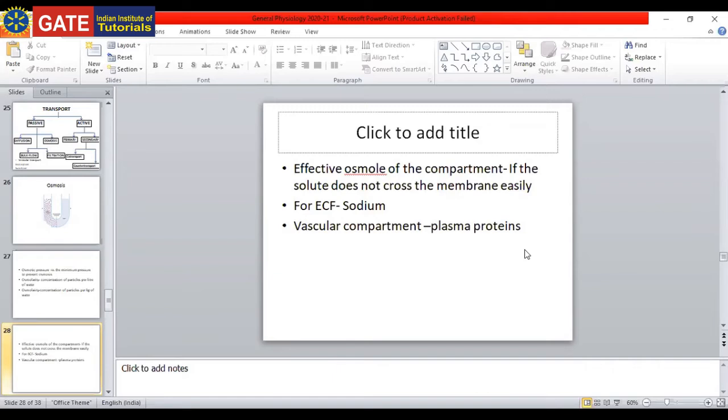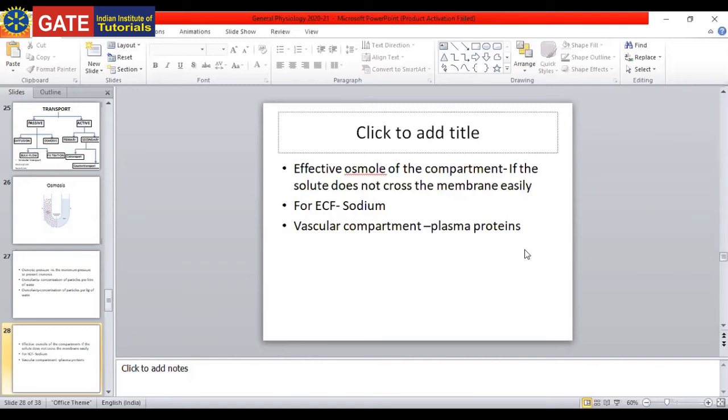How will the fluid come out of the capillary? What is that process called? You think of a capillary network, what happens there? You have the venous end of the capillary and the arterial end of the capillary. Students, are you listening to me?